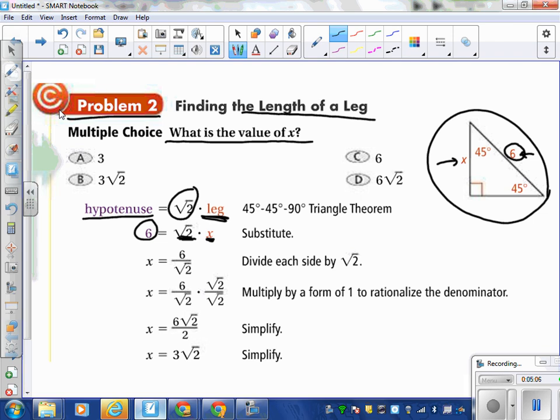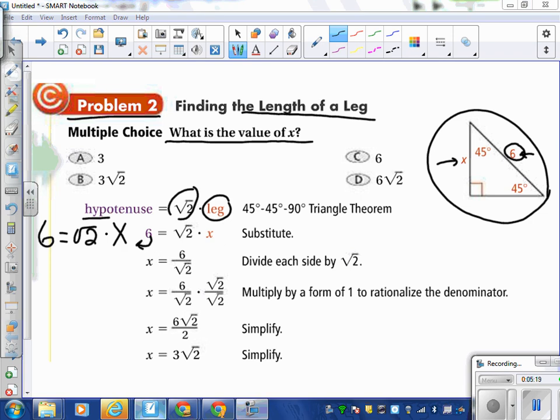Now I want to get x by itself, so what do we do here? I can circle and draw my wall. Let me rewrite it over here for you. So now we have 6 equals the square root of 2 times x.